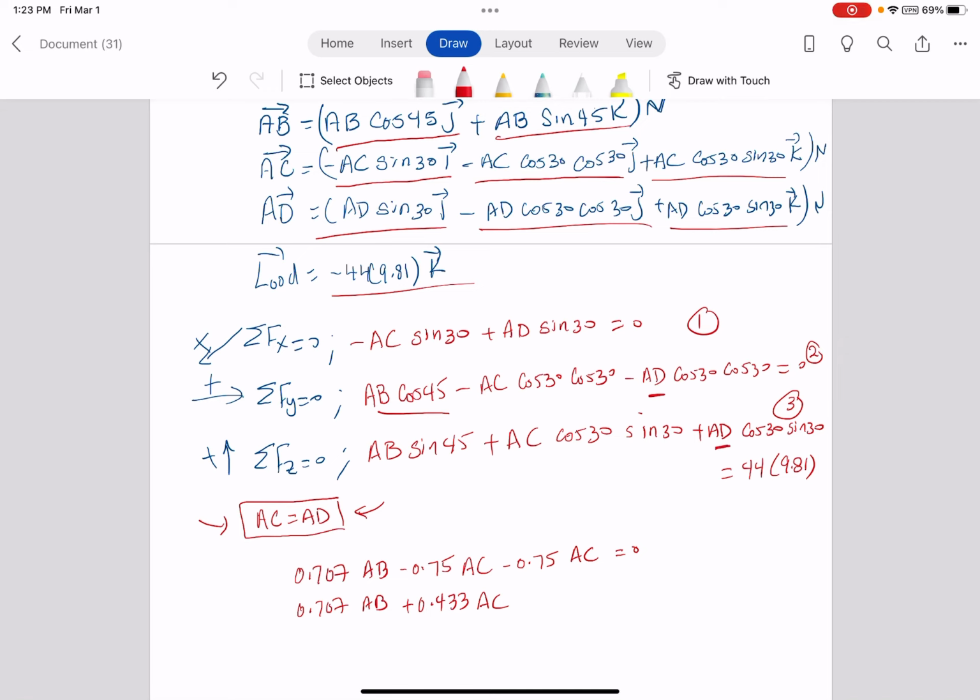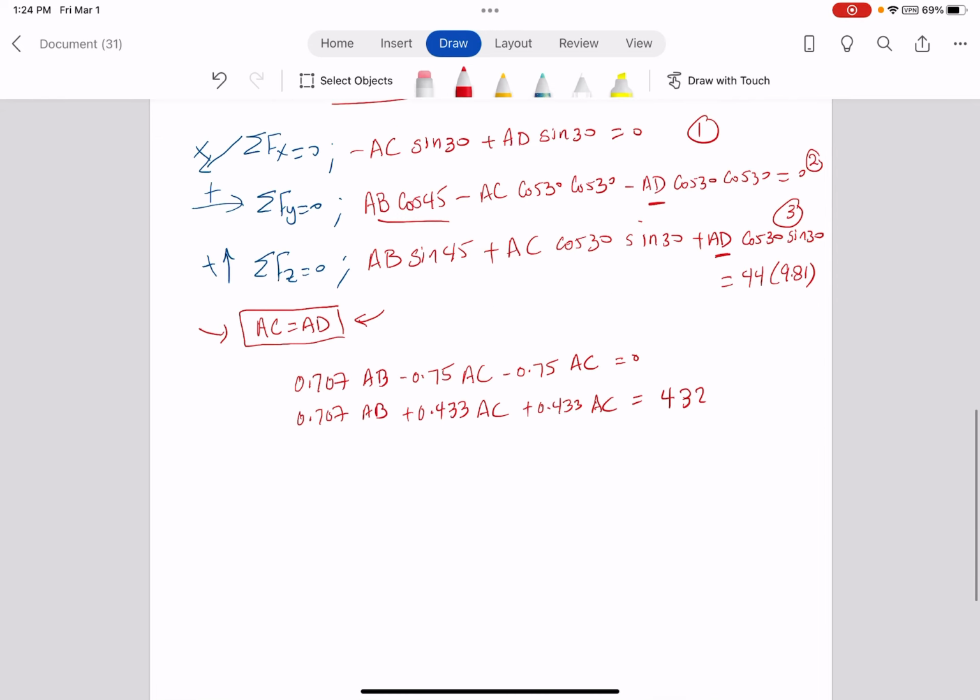Again, I'm going to change this to AC because AC is equal to AD. Cosine 30 sine 30, that's the same thing, plus 0.433, I'm going to call it AC. Again, this is equal to 44 times 9.81, and that is, let's call it 432. Okay, so now I will make it two equations, two unknowns.